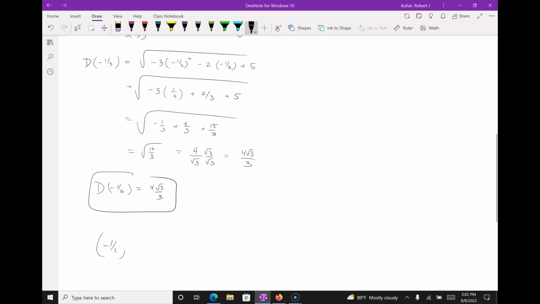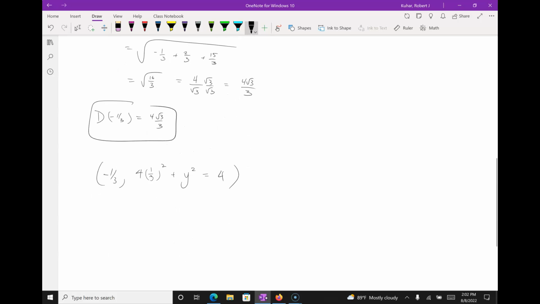So negative 1/3, 4 times 1/3 squared plus y squared equals 4, right? Yeah. Oops, I shouldn't be writing that as a point. I'm just solving for y in my ellipse formula.